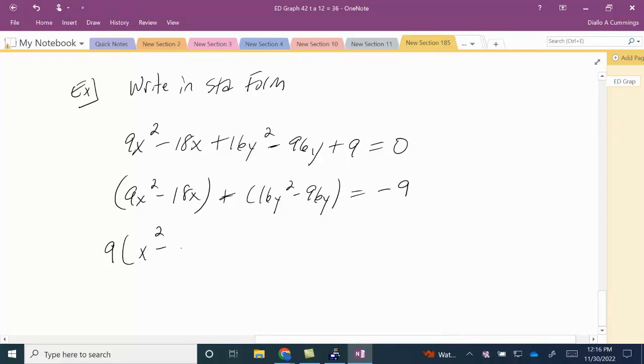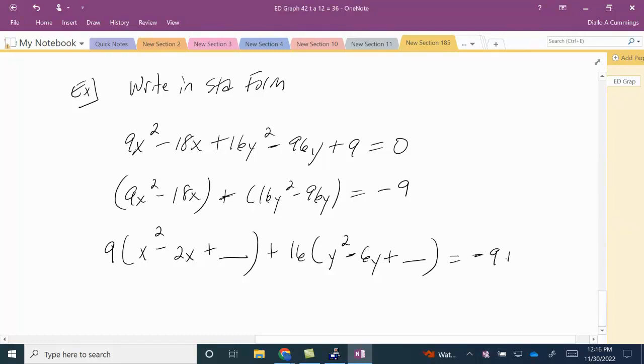So I'm left with x squared minus 2x. And since I'm going to complete the square, I'm going to put plus blank here. For the y variable, I'm going to factor out a 16. So on the inside, we're going to have y squared minus 6y plus some constant.